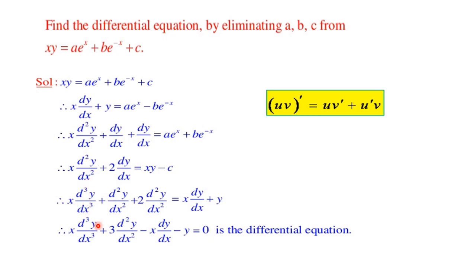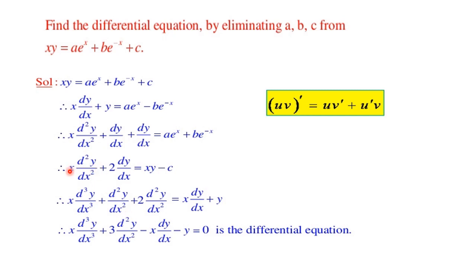again differentiated, right? Because why are we differentiating it? Because we have to eliminate all the constants, that is a, b and c. We have eliminated a and b, but we are here left with c. Again we'll differentiate it, because differentiation of a constant is always equal to 0. You know that, right? That means again differentiated, it will be first function into derivative of second function. Again x into d cube y upon dx cube plus d square y upon dx square.